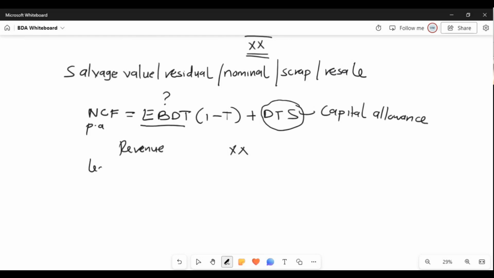We less the variable cost. When you less the variable cost, you get the contribution.